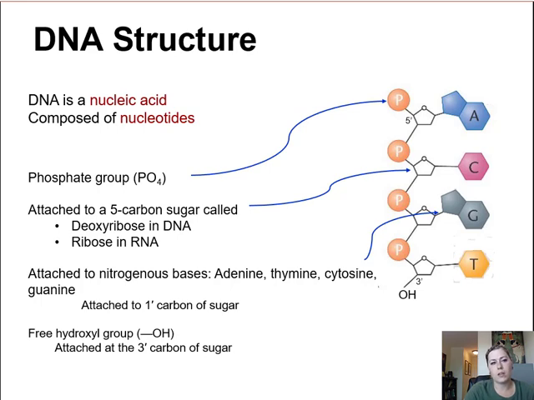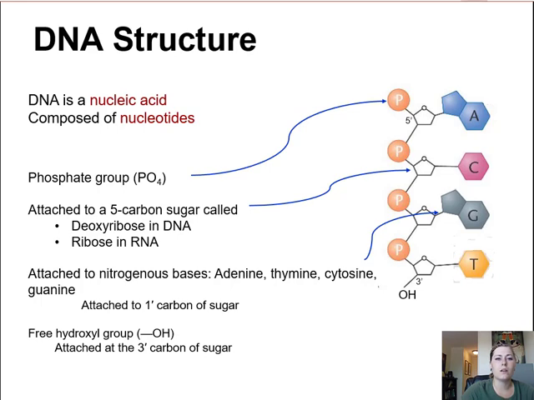So DNA is a nucleic acid. It's composed of nucleotides. What you take is a phosphate group, add that to the 5' location of a 5-carbon sugar. The 5-carbon sugar will either be deoxyribose, which is found in DNA, or ribose, which is found in RNA.